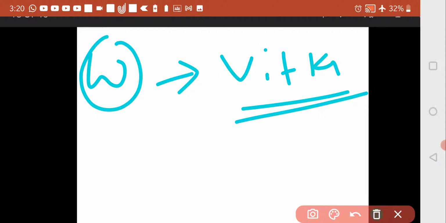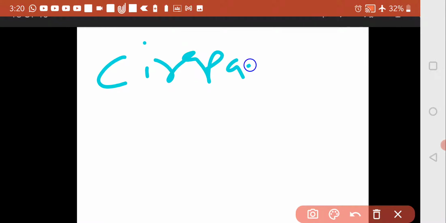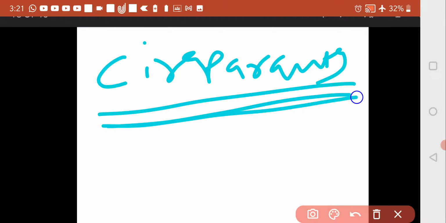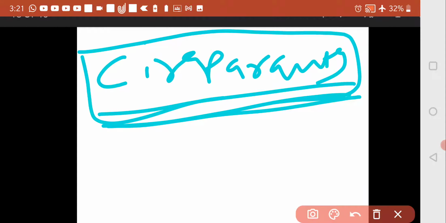Then another, a direct thrombin inhibitor, lepirudin. Then there is ciraparantag. This drug is a broad spectrum anticoagulant antidote, and it is the antidote of lepirudin also and factor 10A inhibitors also.